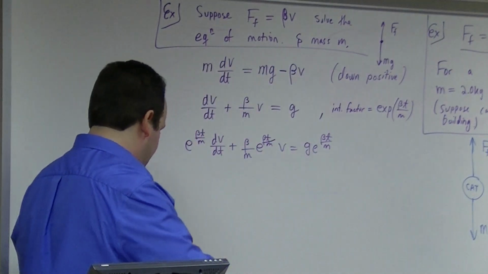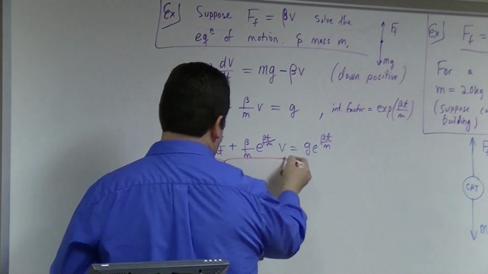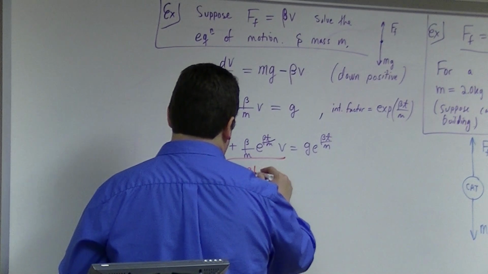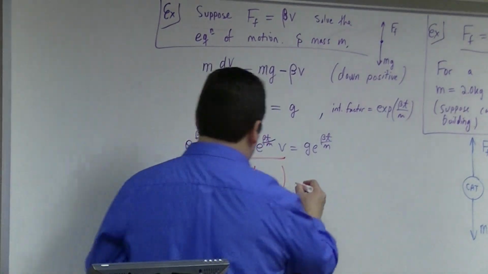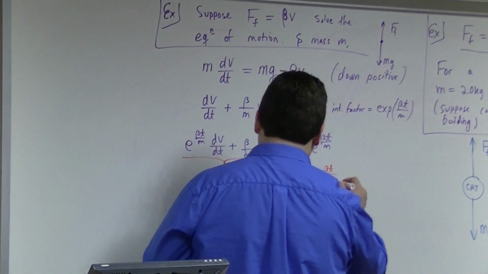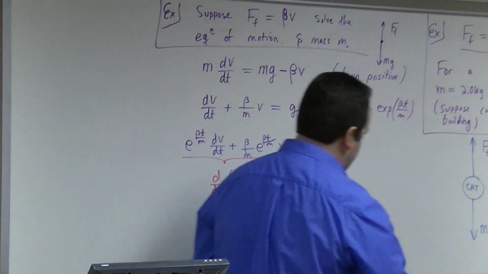Then, behold, the magic of the integrating factor. This is the reverse product rule of d/dt of e to the beta t over m times v. And on the other side, you've still got this handy dandy g e to the beta t over m. Integrate both sides.